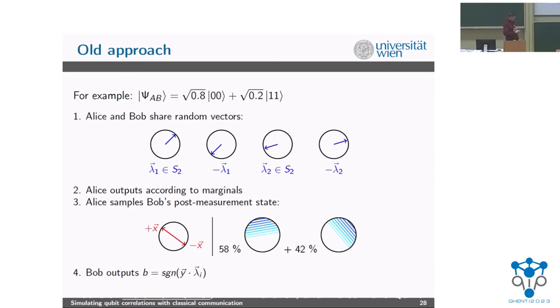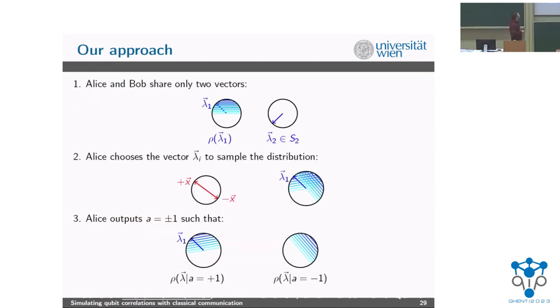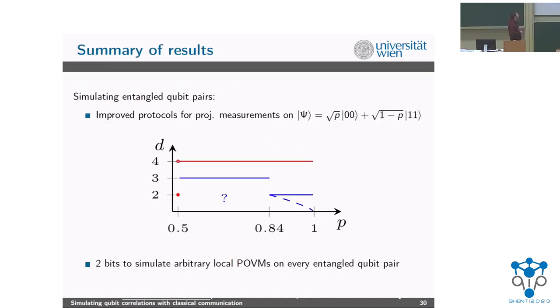Very briefly, the old approach needs 4 vectors: there are 2 post-measurement states of Bob, and with a certain probability Alice prepares one, and with the other probability Alice prepares the other post-measurement state. What we found is that it's more efficient to simulate both post-measurement states together, and that can also be used to simulate the same statistics.